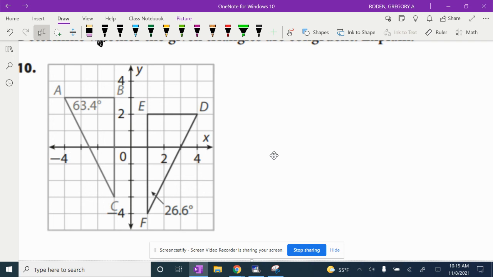Oh, so that has to be a right angle. Or isn't that a right angle? Yeah, definitely a right angle. Putting this on a coordinate plane on graph paper, what does that give us? Why is that important?